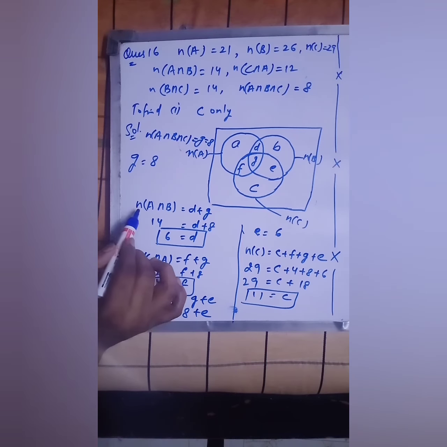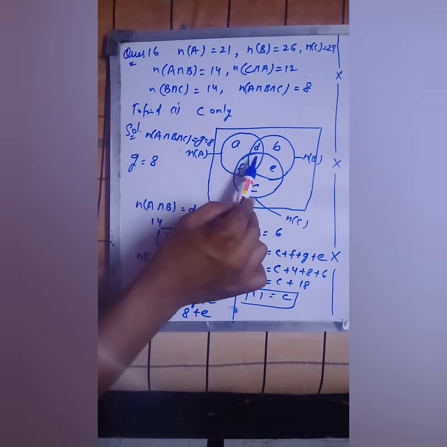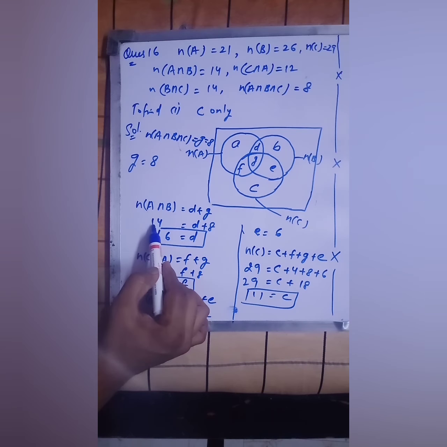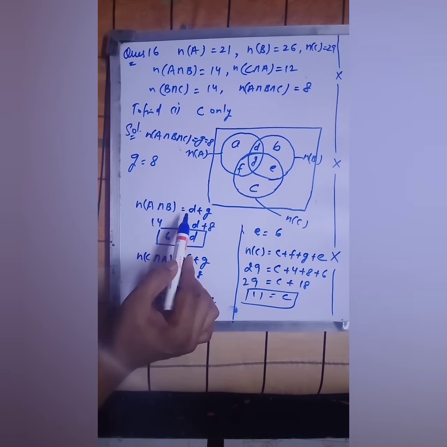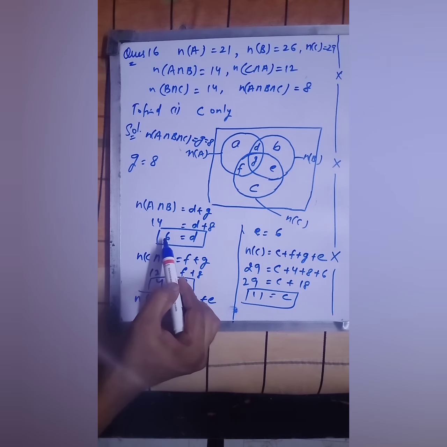Okay, so A intersection B means what? D plus G. A intersection B is given, which is 14. D plus the value of G is 8, so D will be 6.